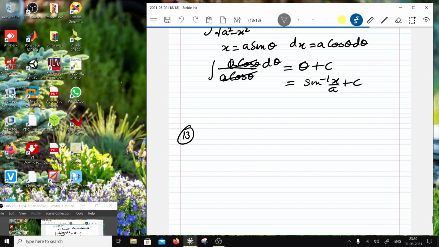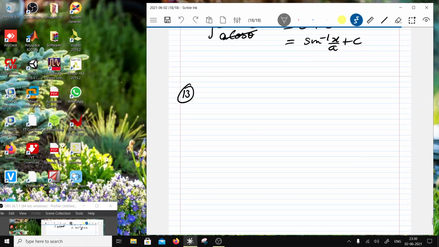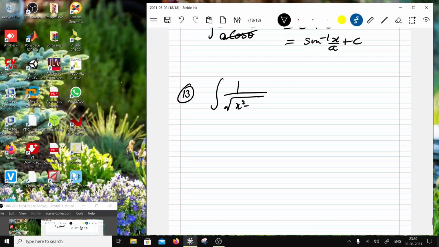So I'm about to finish on integration. Some more are left, so let's just do them. Okay, so let's say if I want to do an integral of 1 over root of x square minus a square, if it is of this form, then I can do x equal to a cos hyperbolic theta. So dx is equal to a sine hyperbolic theta d theta.